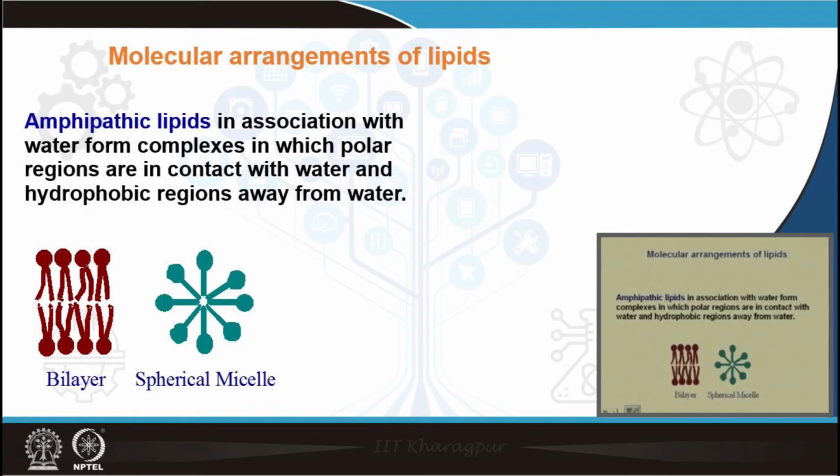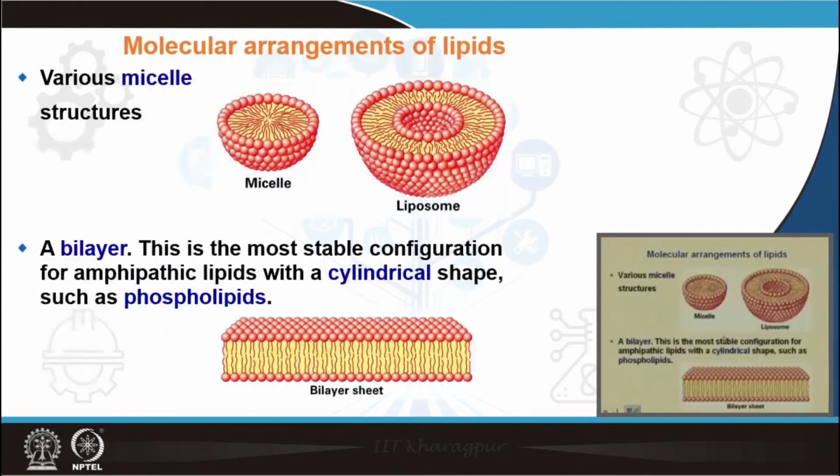So, we have one fatty acid and one sphingosine hydrocarbon chain here, and so the same thing that we would have here. So, what are these structures that you can have?